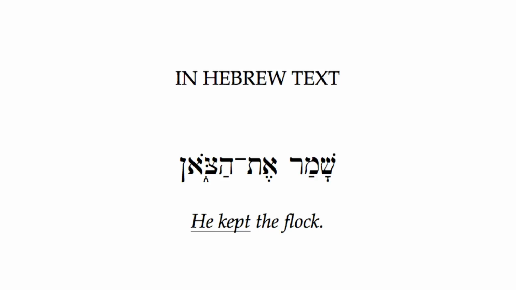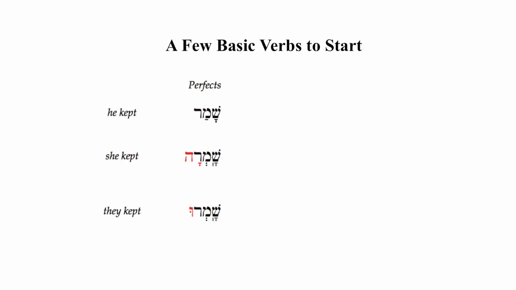You don't translate to keep like you have on your card. You need to understand that these three consonants with those vowels communicate a certain person. They communicate a certain idea in terms of tense as well. So we need to give you a few basic verbs to start with.